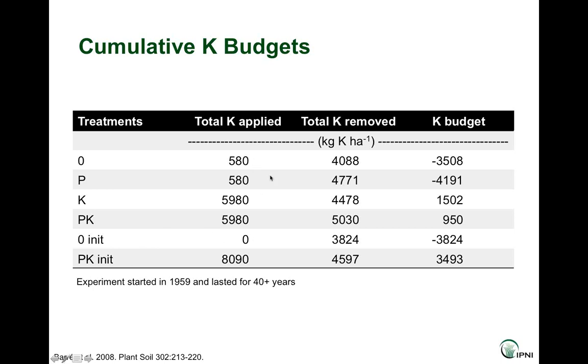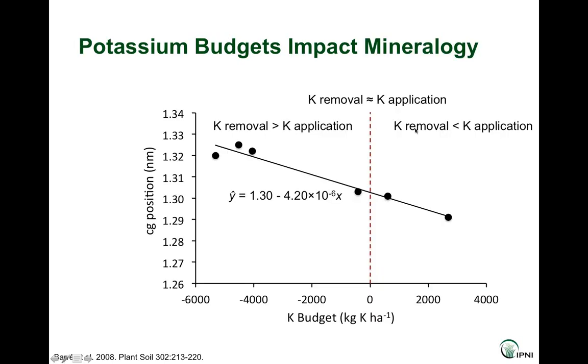Here's the total amount applied over the 40 years. Here's the total amount removed, and you can see the net addition or removal. So where we have negative numbers, that means that we've had a net withdrawal of potassium. Where we have the positive numbers, that means we've had a net addition of potassium. Now, they've taken those budgets and plotted those against that center of gravity that these scientists measured with the X-ray diffractogram.